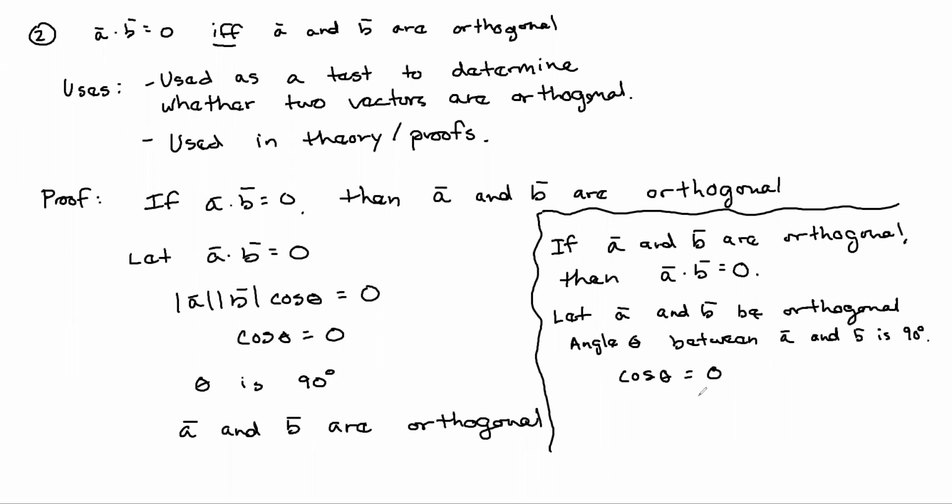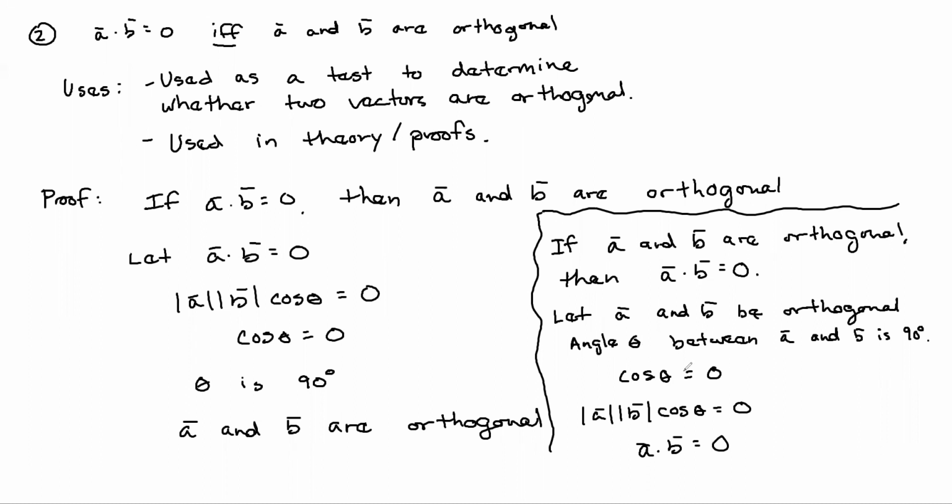Because cosine of 90 degrees is 0. And then if cosine of theta equals 0, we can multiply on both sides by the length of A and the length of B, again assuming that they're non-zero. And then we can use our definition 1 to say that A dot B equals 0. And that completes the proof.